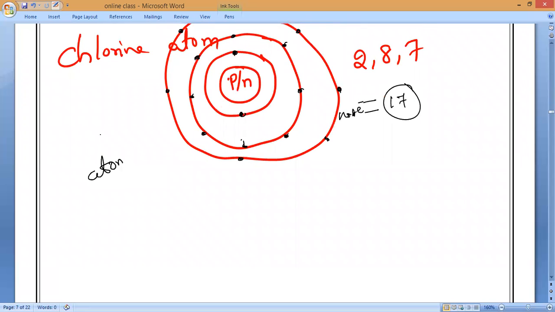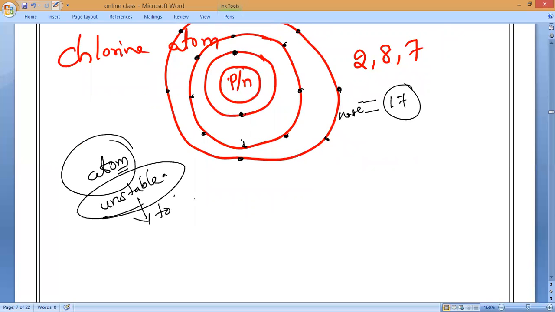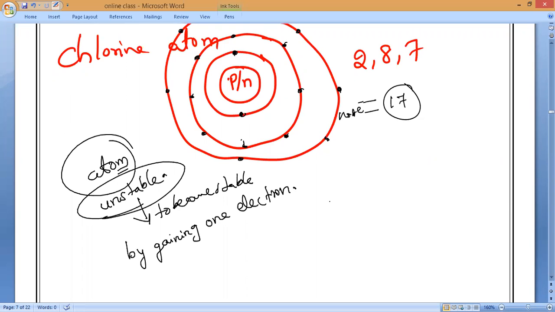Okay. Now this chlorine atom is electrically neutral in nature. But generally, is it stable or unstable? It is an unstable atom. So to become stable, how many electrons will it gain or receive? By gaining 1 electron, it will become stable in nature, which means the number of electrons becomes 2, 8, 8.